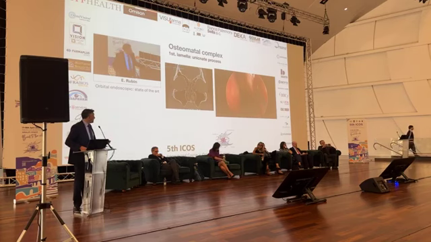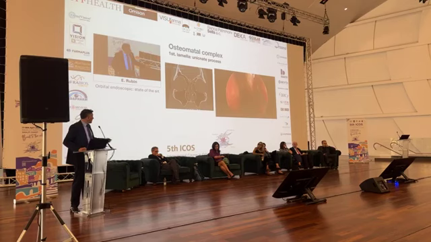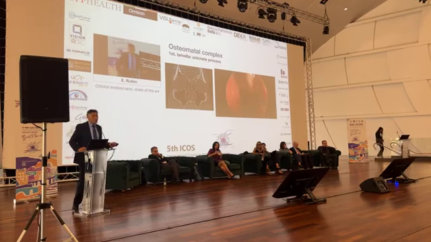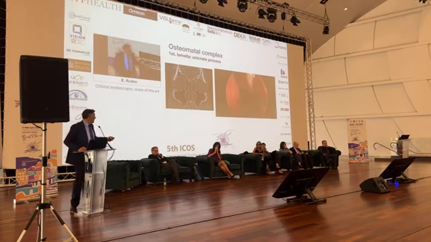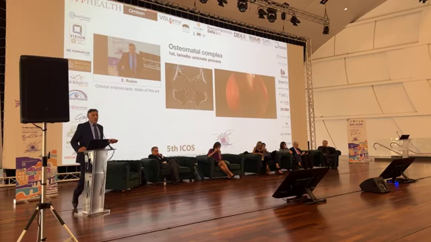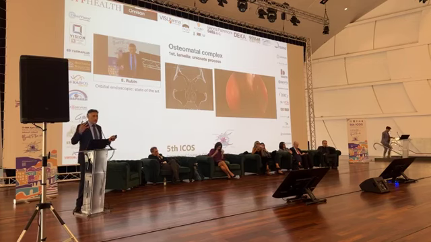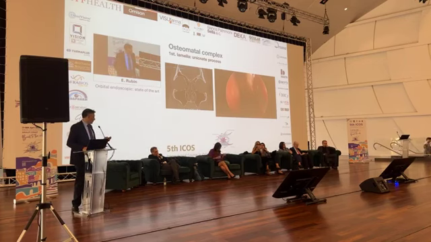The infundibulum is a three-dimensional space where you will find the ostium of the maxillary sinus, you will find clearly the anterior part of the ethmoid, that is the bulla ethmoidalis, and in some cases you will find the drainage of the frontal sinus. We have to open the uncinate process to access the infundibulum.